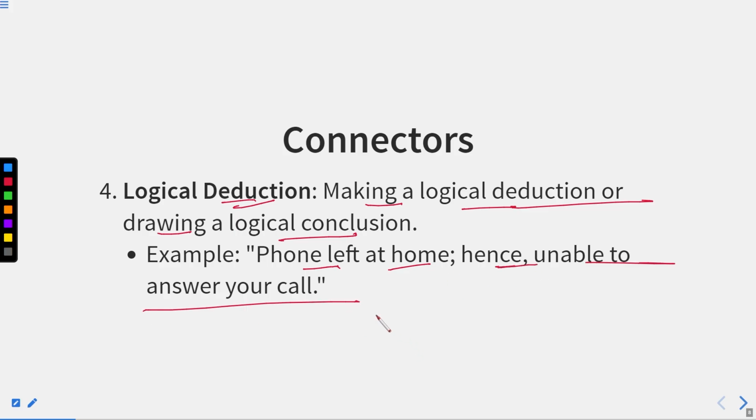This is not the entire statement that has been given. We are just writing that phone left at home. This is the phrase only, and hence unable to answer your call. So we are not writing the exact grammatical structure of the sentence. We are just writing two phrases and joining these two phrases with the help of hence, that draws the conclusion.